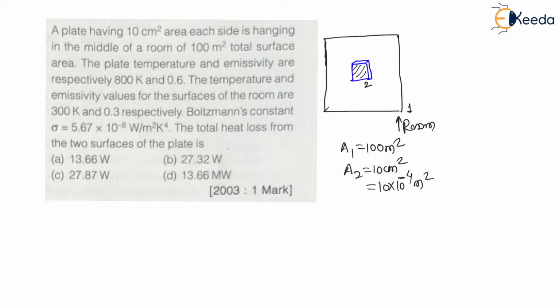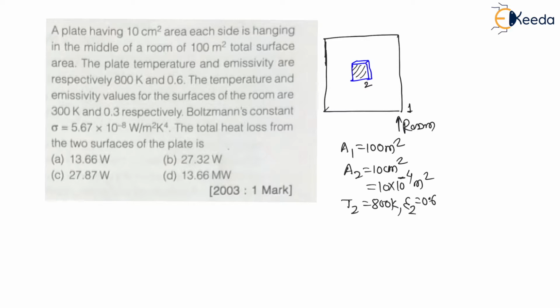Then the plate temperature and emissivity are respectively 800 Kelvin and 0.6. Now here for this plate, we have considered 2. Therefore, plate temperature T2 is 800 Kelvin and emissivity E2 is equal to 0.6. Then the temperature and emissivity values of the surfaces of the room are 300 Kelvin and 0.3 respectively.